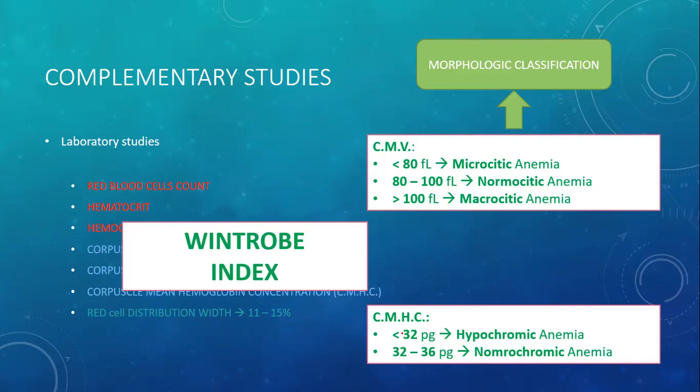And when it is lower than 32, we have hypochromic anemia. We do not have hyperchromic anemia, right? Because that wouldn't be anemia. We only have hypochromic and normochromic anemias. So we're going to talk about the morphologic classification later on, okay?